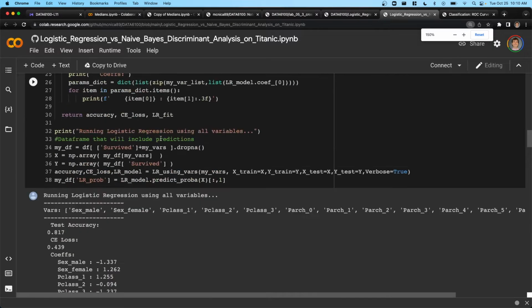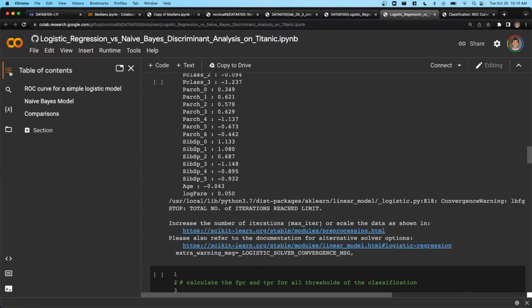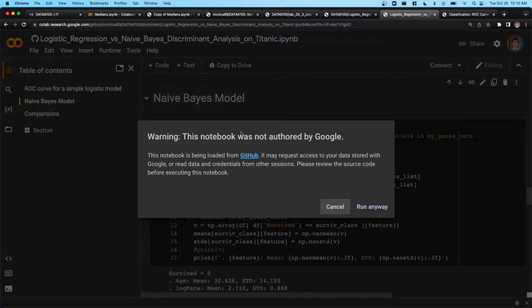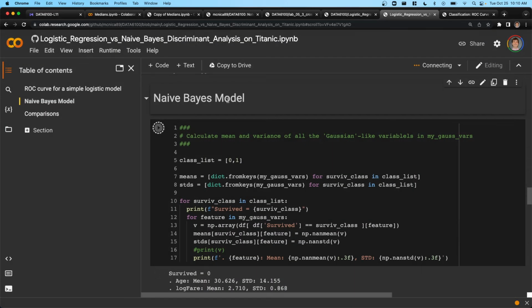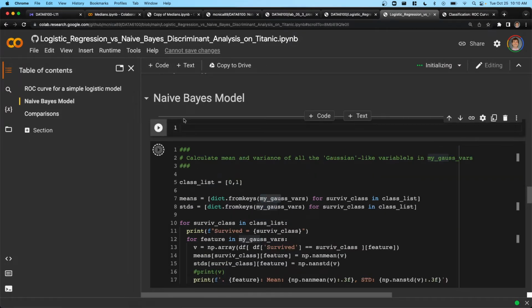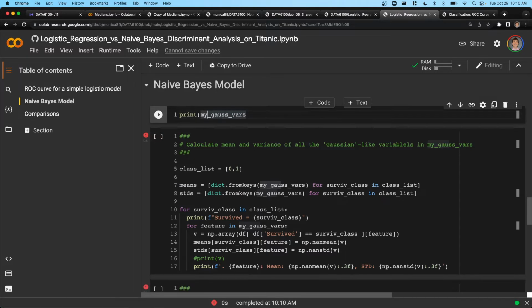Let's open it here so we can query stuff. And we can use the table of contents. Naive Bayes. So we're calculating stuff for these my Gauss vars. So if I add a code block and say what are the my Gauss vars, please print them out. I'm just going to make sure that it is what I think it is.